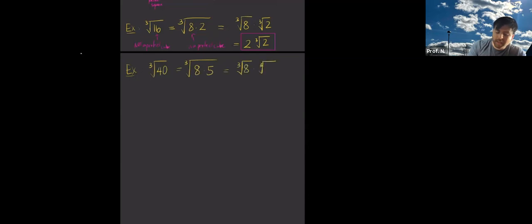But 5 is not. So I can't break down 5 any further. But I can break down the cube root of 8. And I get 2 cube root of 5. That's what the cube root of 40 simplifies to.